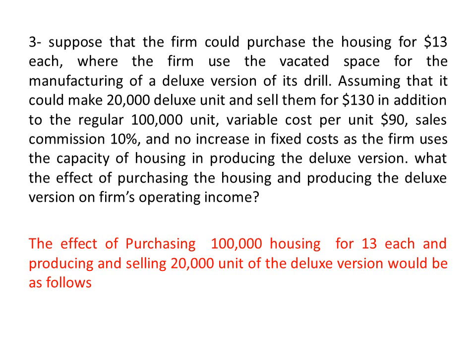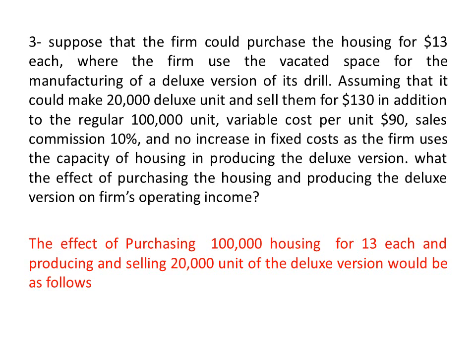Variable cost per unit of the deluxe units is $90 each. Sales commission 2% and no increase in its fixed cost as the firm uses the capacity of housing in producing the deluxe version. What's the effect of purchasing the housing and producing the deluxe version on the firm's operating income?